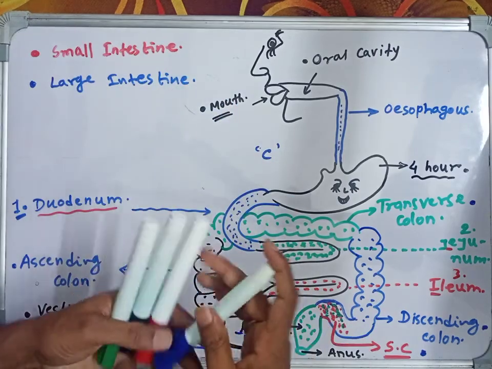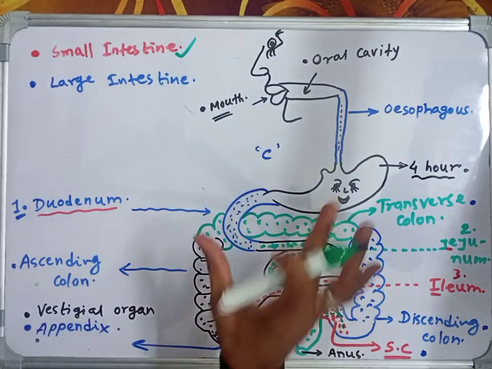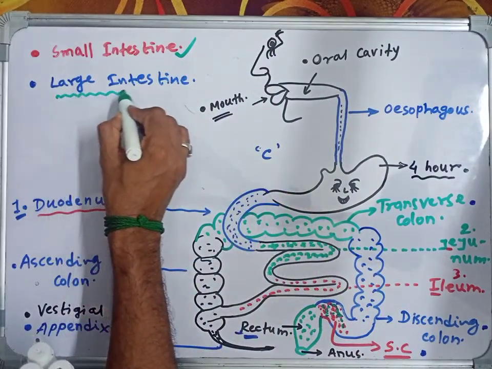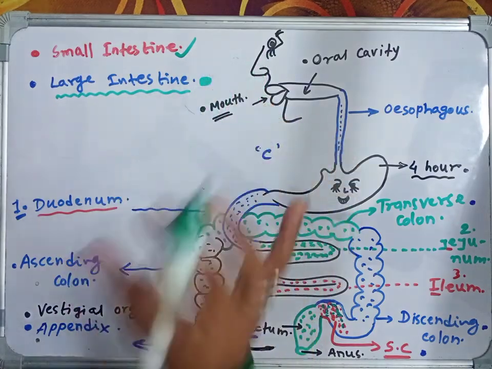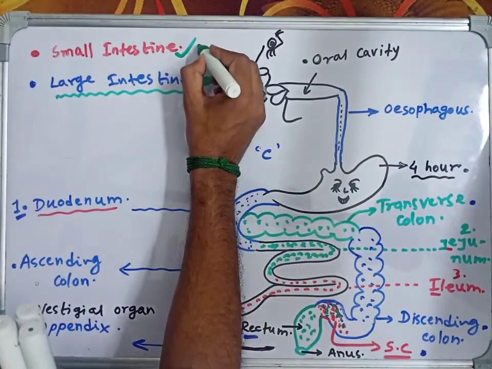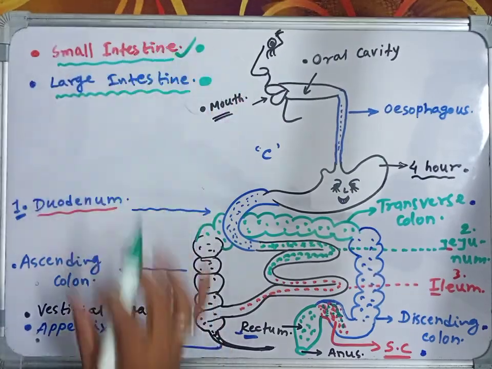But there is a champion MCQ for you. This small intestine is not small, right? Actually, the small part of the intestine is the large intestine. The large intestine is not long, right? The longest part of our intestine is actually the small intestine.